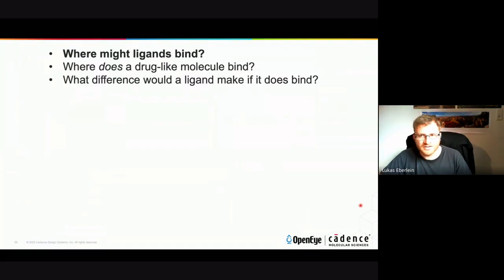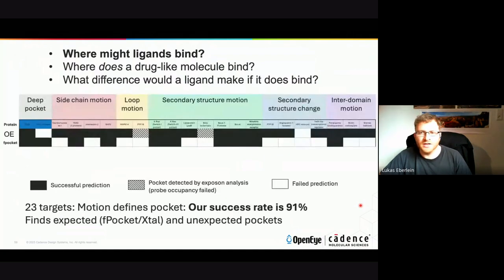We want to use this data set to answer the first question: where might ligands bind? And we see that we are able to identify 91% of the pockets that we tried. The failure cases include one secondary structure change where we need to go from an ordered state over a disordered state to another ordered state.